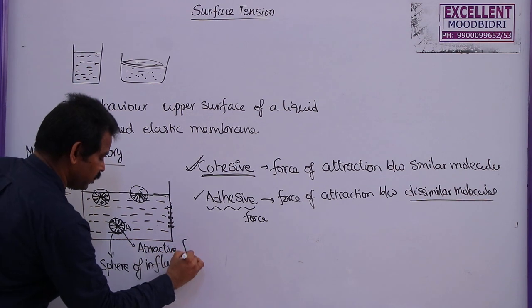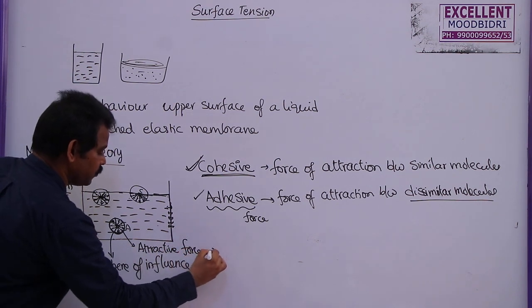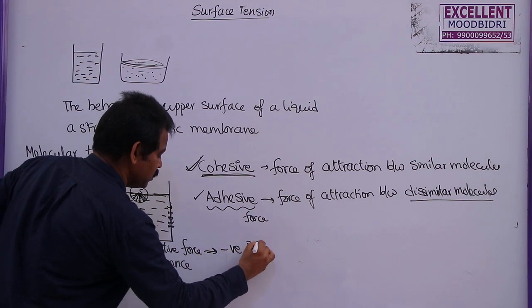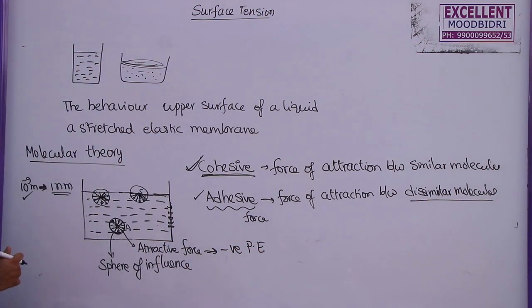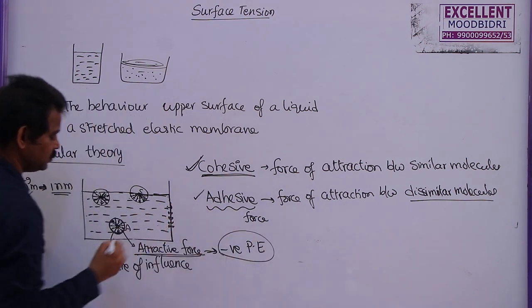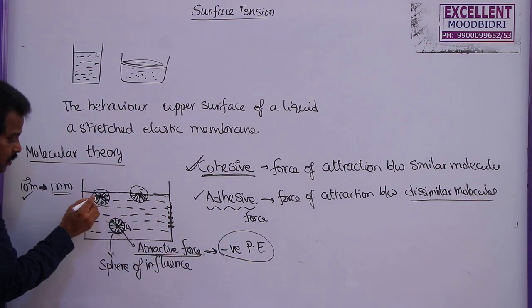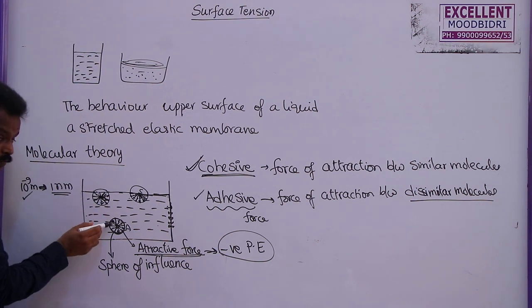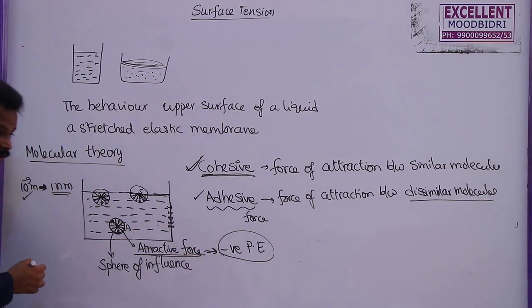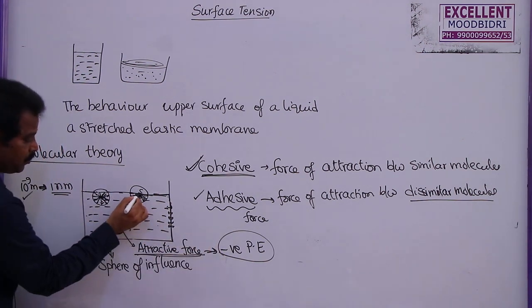But as it is an attractive force, attractive force always produces a negative potential energy. This we already studied previously. But what about this one? Here, as the attractive force is less when compared to molecule A, molecule B has less attractive force, meaning less negative potential energy. But what about molecule C?